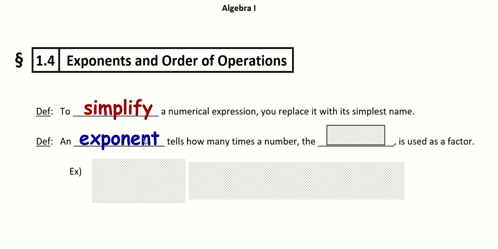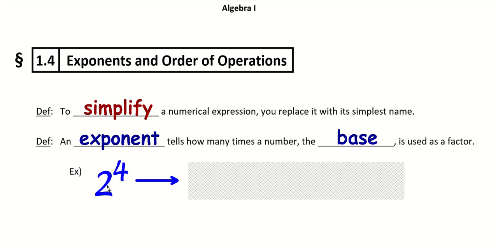The next definition reviews what an exponent is. An exponent, or a power, tells how many times a number, which we call the base, is used as a factor. And factors are things that get multiplied together.